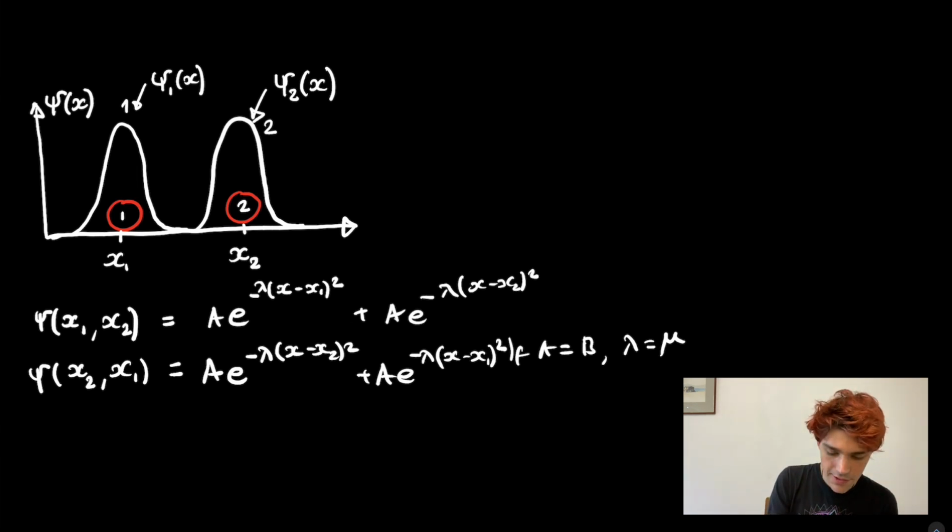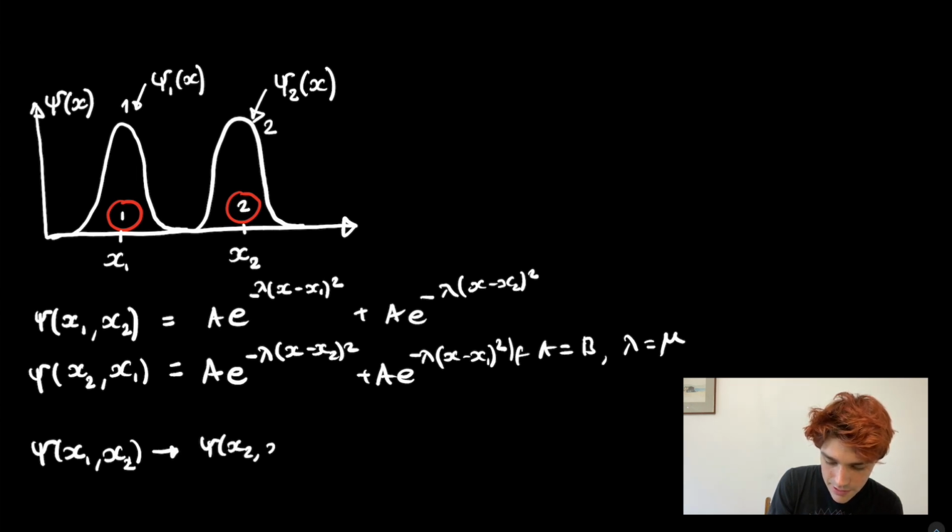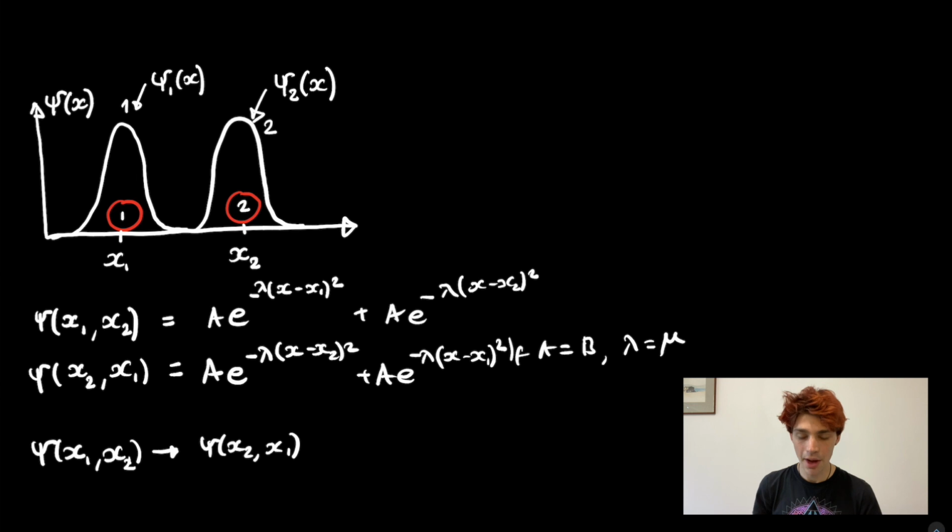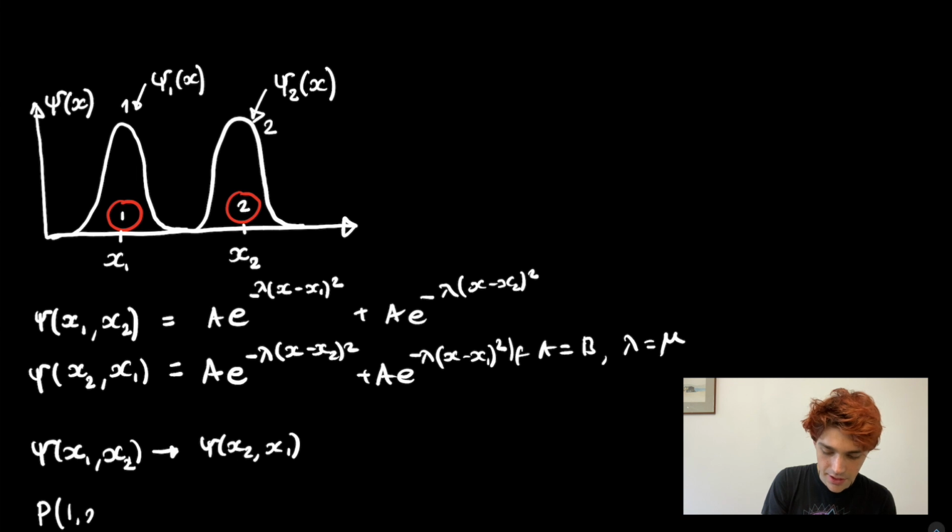When I talk about a transformation of swapping particles, I'm going from psi of x1 and x2 to psi of x2 and x1. So what I'm now imposing is that the probability under particle exchange does not change in the case of indistinguishable particles. So the probability of 1 and 2 is equal to the probability of 2 and 1.